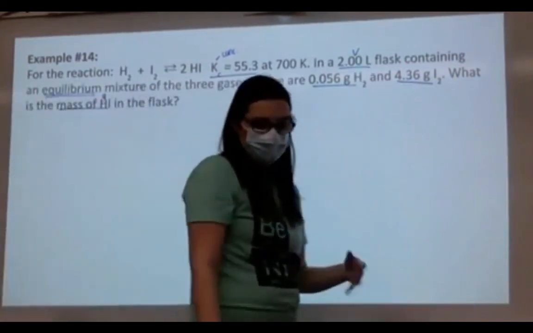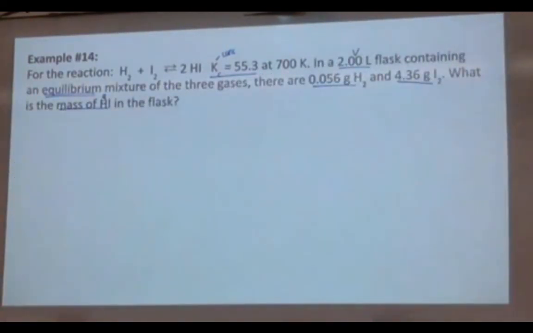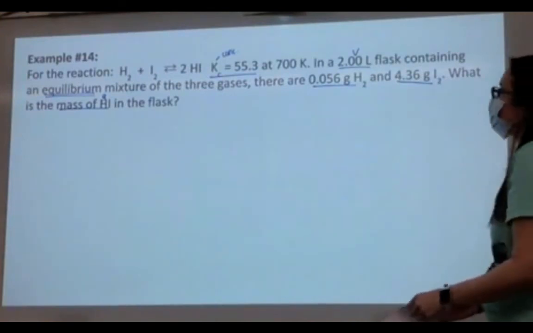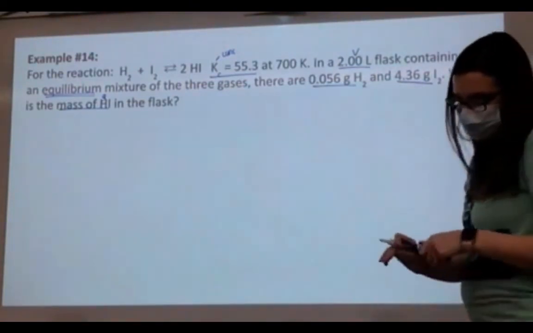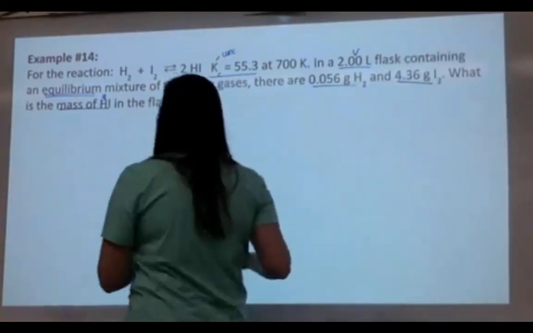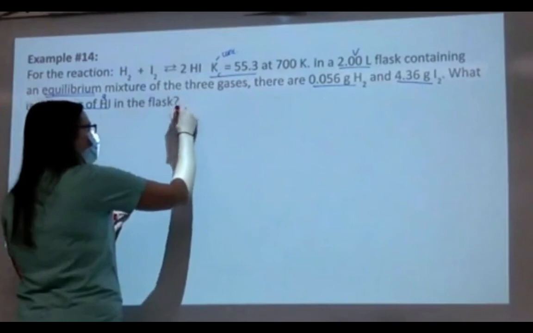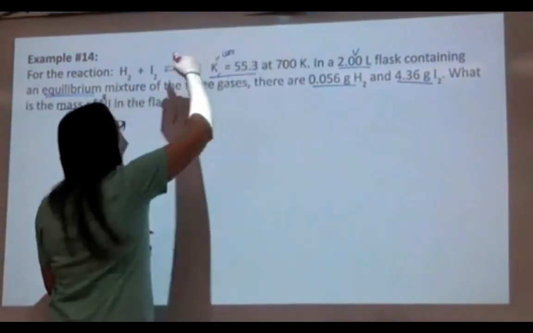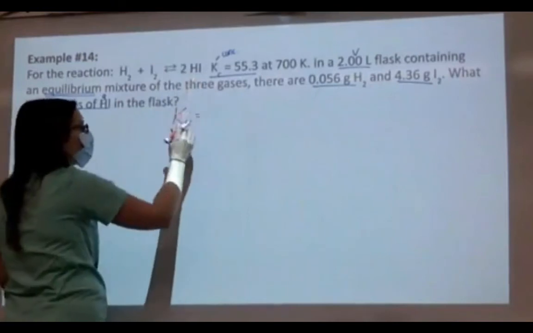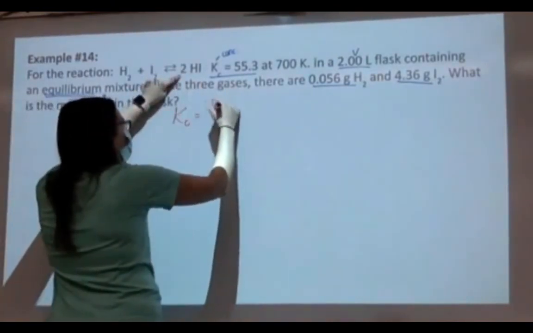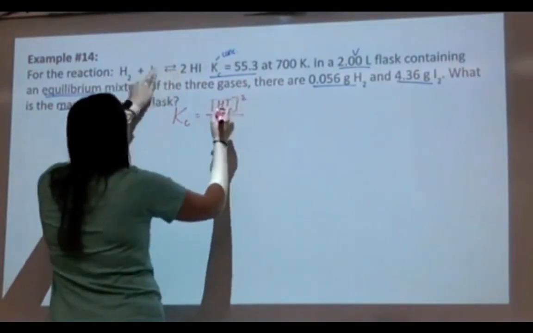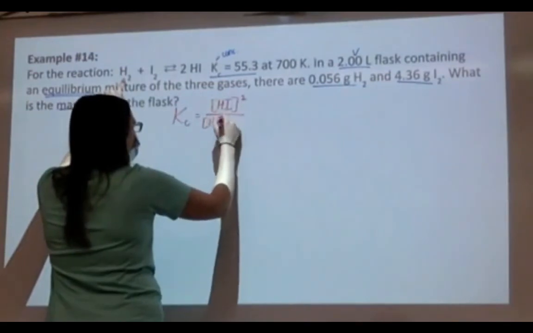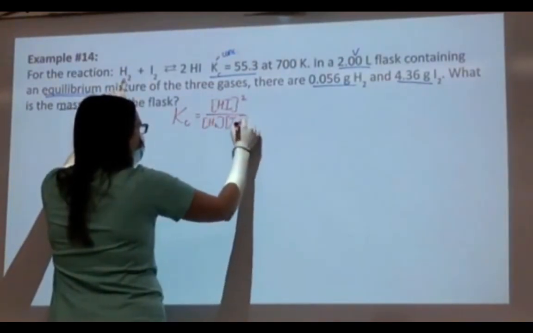So if we look at this problem again, first they give us Kc. Second, they tell us that this is all at equilibrium, so there's no need for an ice table, but let's write our Kc expression. Kc, here's the equation. Products over reactants. C means concentration. So concentration of HI squared over concentration of H2 times concentration of I2.